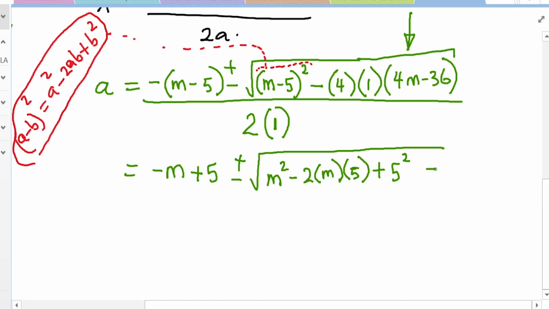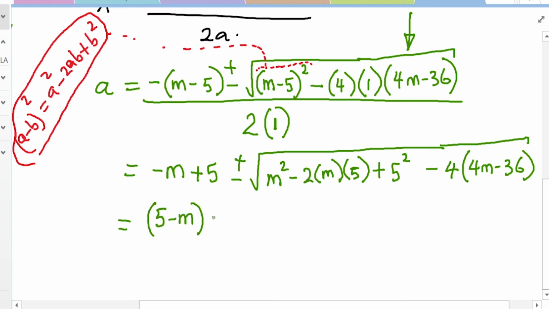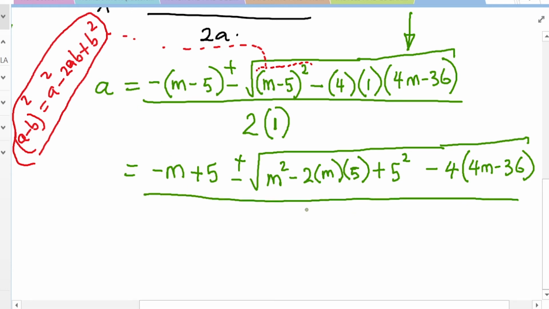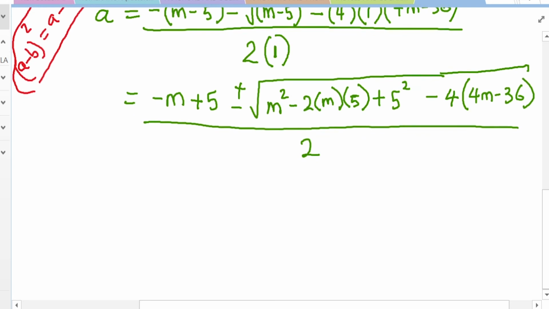Then I'll continue and say that is minus 4 times 1, which is 4, times, all right, let me go slowly, 4 into 4m minus 36, like that. So this is going to become negative m plus 5, which is the same as saying 5 minus m. Let's rearrange it like that. So it's 5 minus m plus, oh sorry, I had forgotten to divide that by 2. So that whole thing, divide that by 2. Let's move on to the next step.